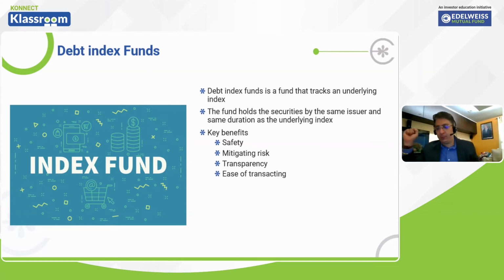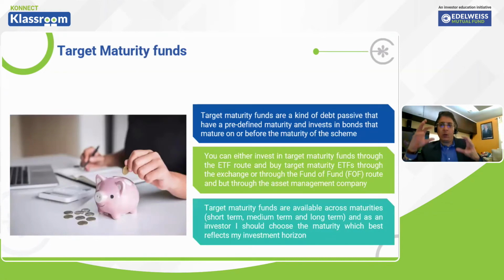That's the second option. The third investment option under the passive investing options on the debt side are target maturity funds. Target maturity funds have been gaining a lot of popularity amongst fixed income investors in the recent past.